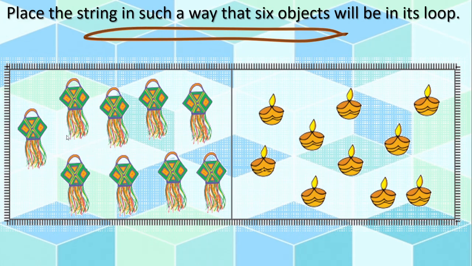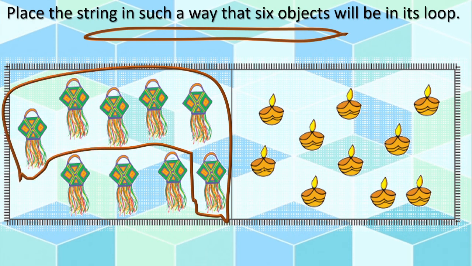And here we have some lanterns and some diyas, lamps, isn't it? First we will try these lanterns. How many lanterns do we have to adjust in this loop? 6, right? So we will take this string and adjust 6 lanterns in this loop. See here. Correct? 1, 2, 3, 4, 5 and 6.